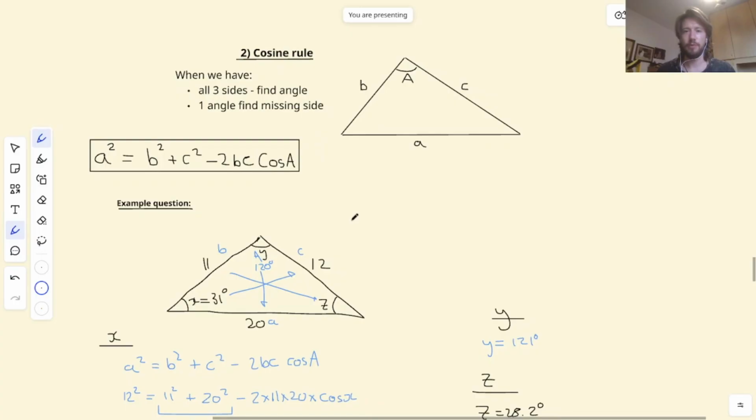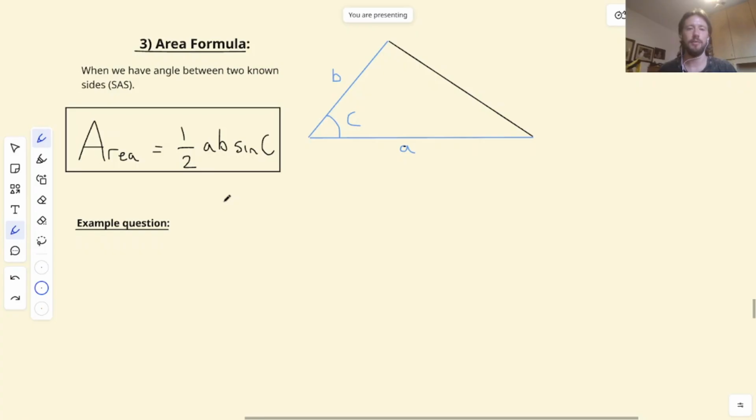There is one more formula on non-right-angled triangles that we should learn, though, and that is the area formula. The area formula allows you to find the area of a triangle if you have an angle sandwiched by two known sides. Now, just looking at the blue lines here, you can see that this black line over here doesn't really matter.